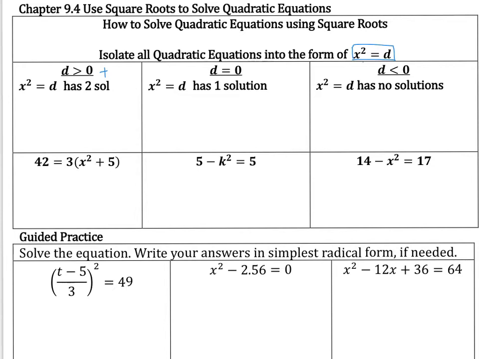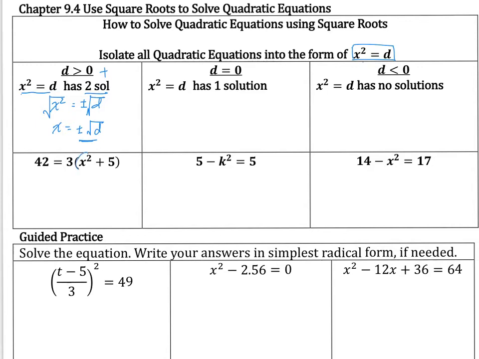So when d is greater than 0, the quadratic equation x squared equals d will have two solutions. When I take the square root of both sides, I get x equals positive or negative square root of d, with two solutions. So let's look at an example here.